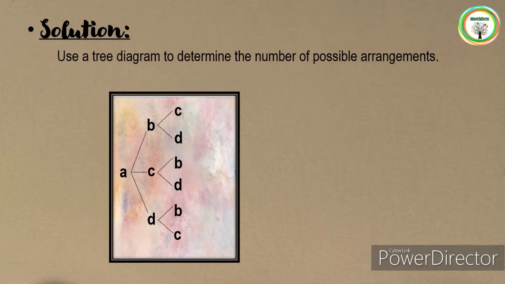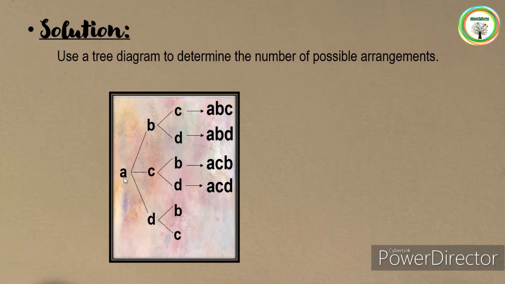Let us write the arrangements. If the first letter is A and the second letter is B and the third letter is C, we have A, B, C. Next, first letter is A, second letter is B, third letter is D, we have A, B, D. Another, the first letter is A, second letter is C, the third letter is B, A, C, B. Next, first letter A, second letter C, next letter is D, we have A, C, D. Continue.